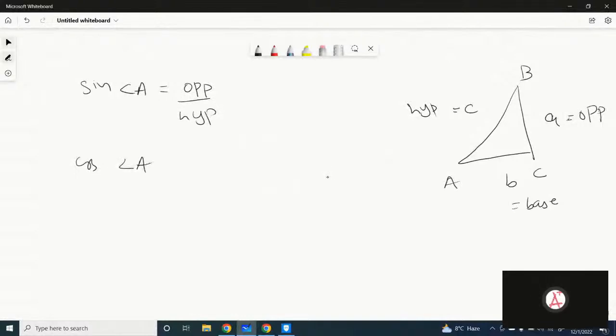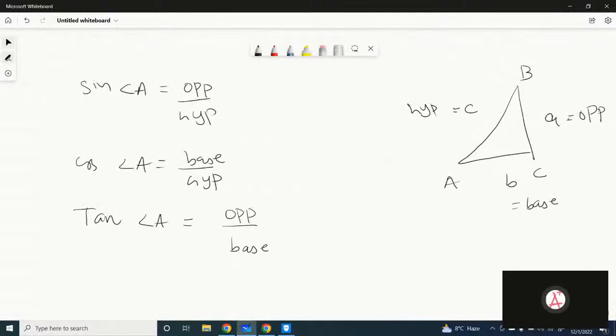Cos is base divided by the hypotenuse, and tangent is sine divided by cos, so it is opposite divided by the base.